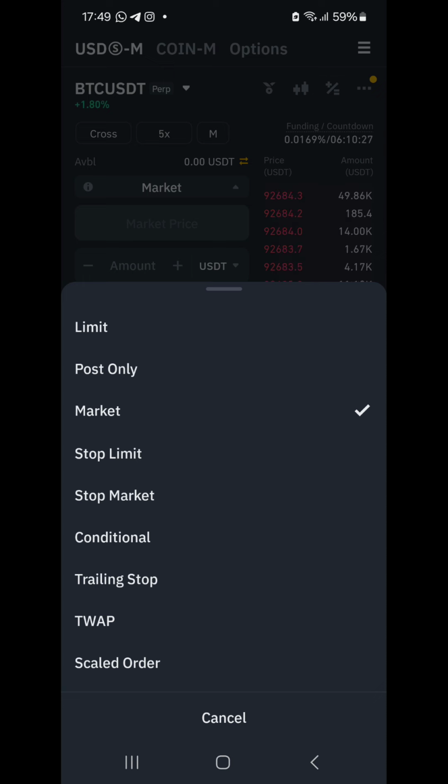So let's look at the use case. It's best for traders who prioritize speed over price precision. They want to enter the market, especially when they see news or fundamentals happening in the market.